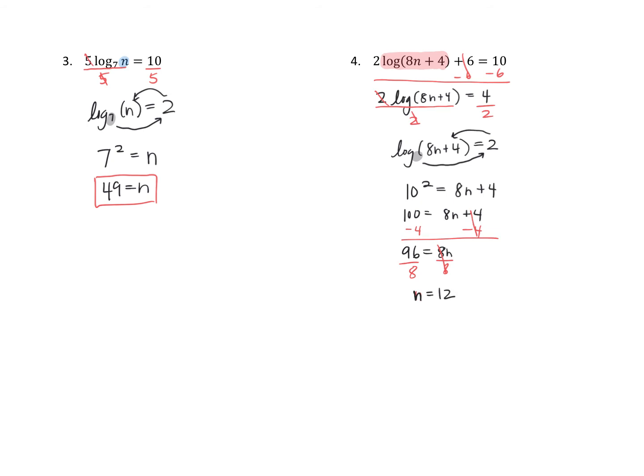Again, you want to check. So I'm going to check by plugging it in just the argument. So the argument is 8n plus 4. Well, it's all positive. So the answer is definitely going to be positive. So 12 is a valid solution to this equation.